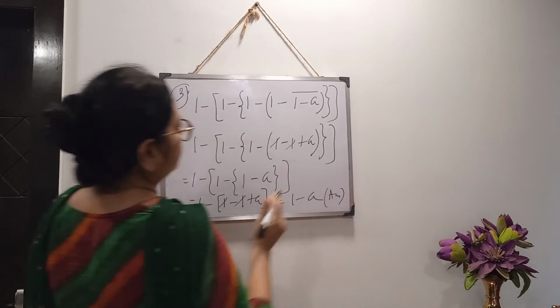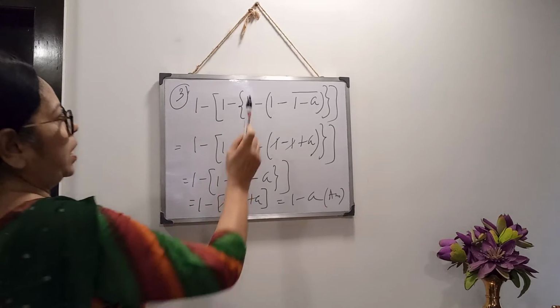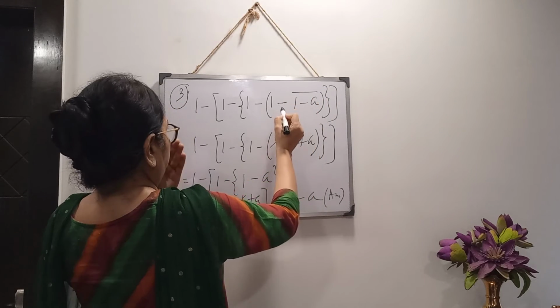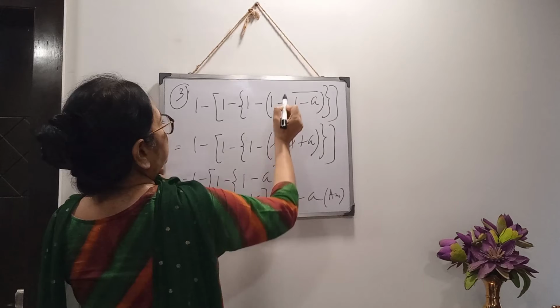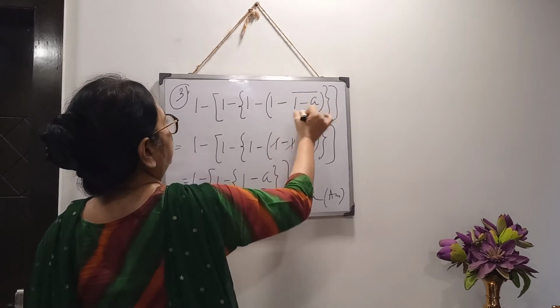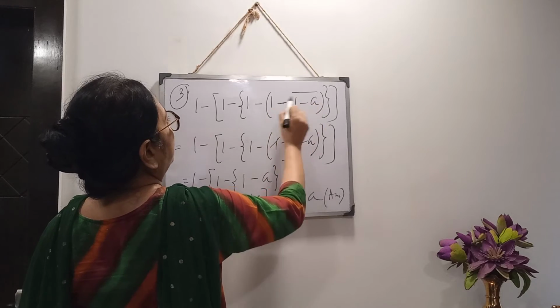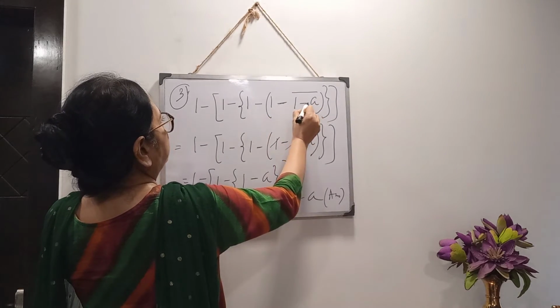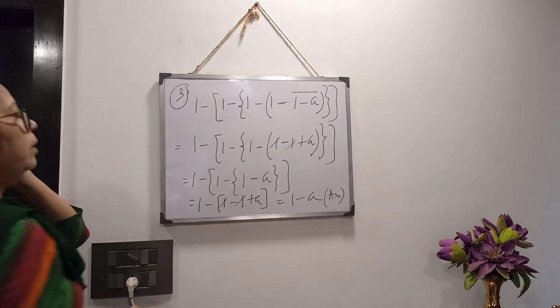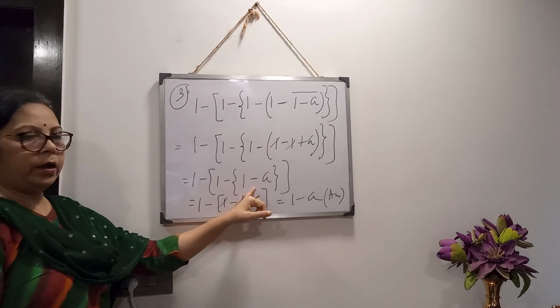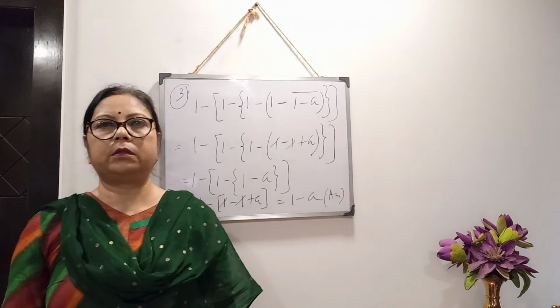So first, if there is a bar, then you have to do this operation. If in front of the bar there is a positive sign, no problem, you will copy what is there. But if there is a negative sign, you have to change the signs under the bar. Then you know, operation of the first bracket, then the second bracket, then the last operation of the third bracket.